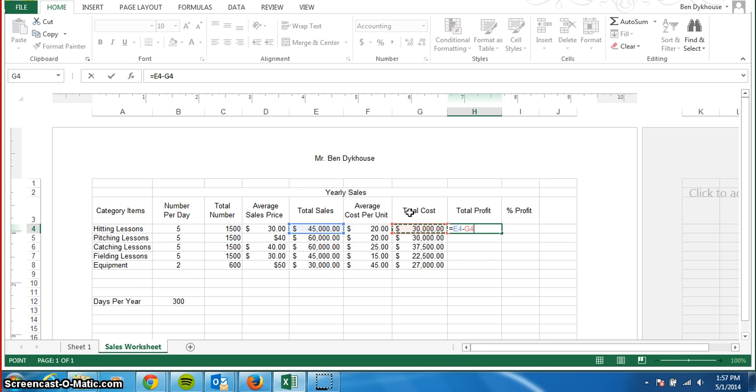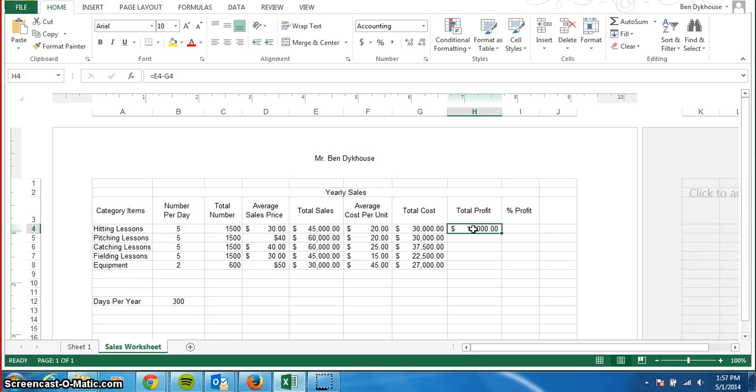So do we want this number to be positive or negative? Yes, we'd really like that to be in the positives because that's the total profit I have made now in each of those categories. So that is the money that you'd be making on that particular category or revenue category item. Good.